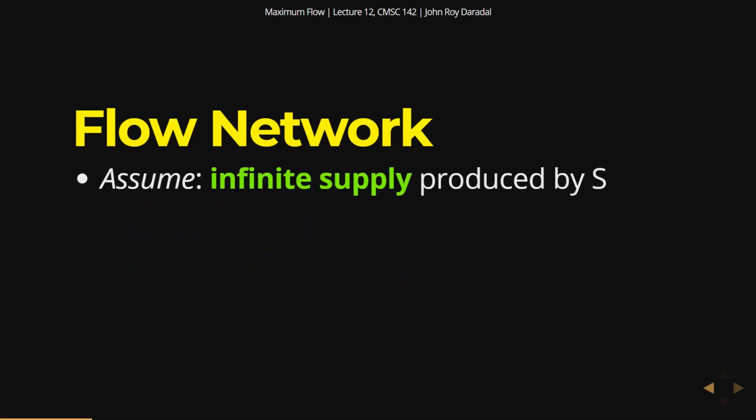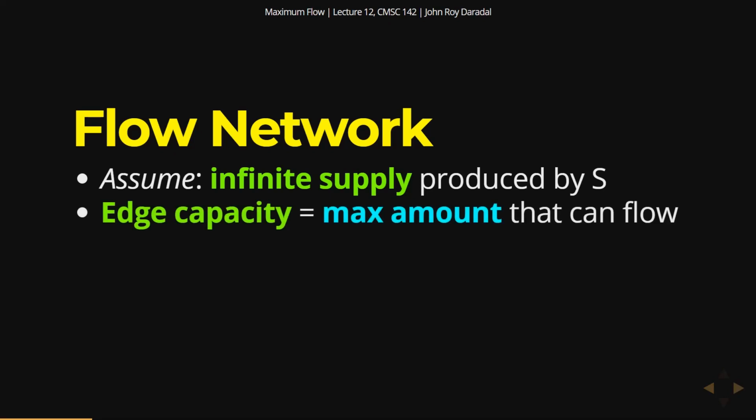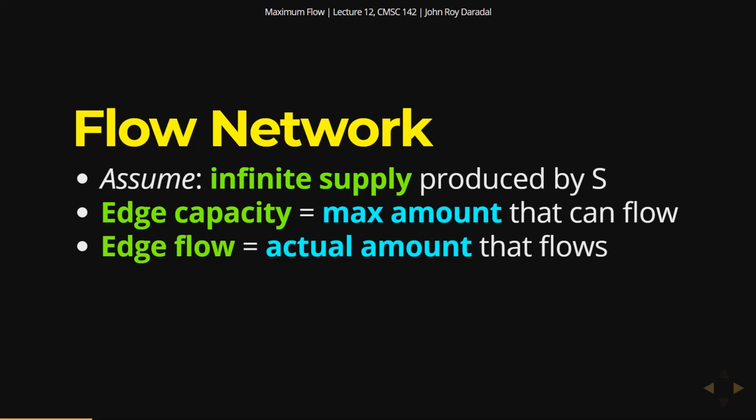We will assume that the source vertex S produces infinite supply, so it's unlimited in the amount of flow that it can send. It's just that we are limited by the amount of flow that can flow through the network because of the edge capacities. The edge capacity will set the maximum amount that can flow through it, and the edge flow is the actual amount that flows through that edge.